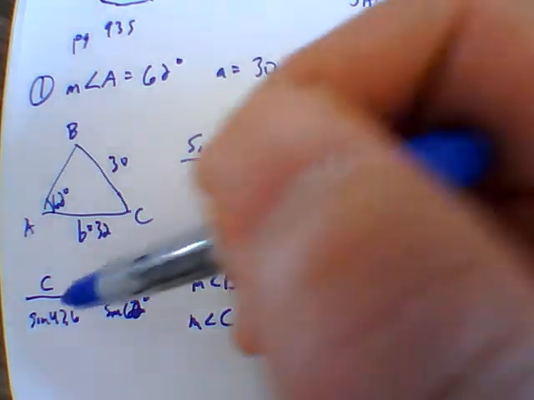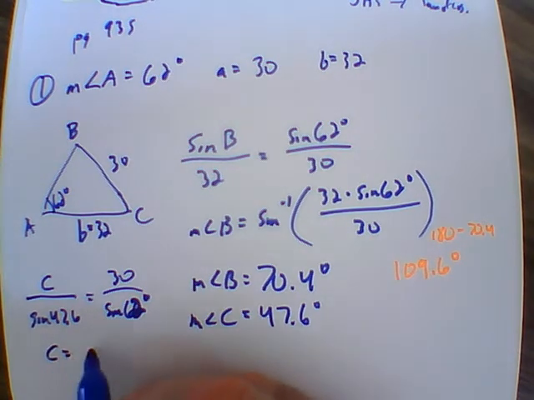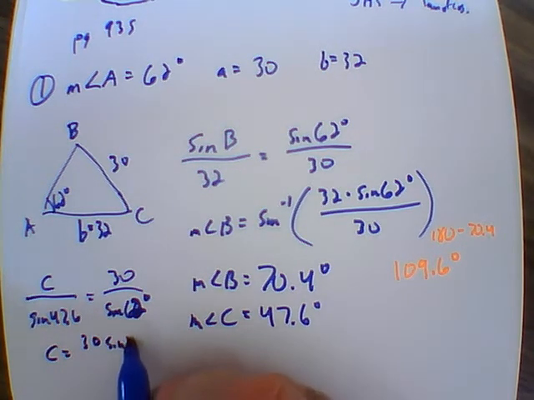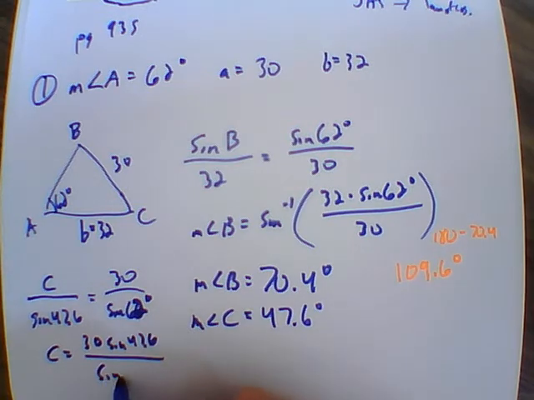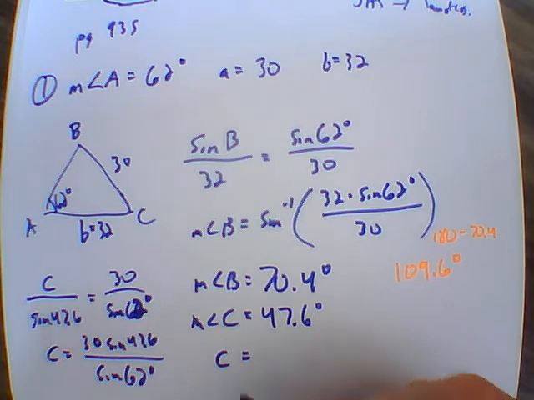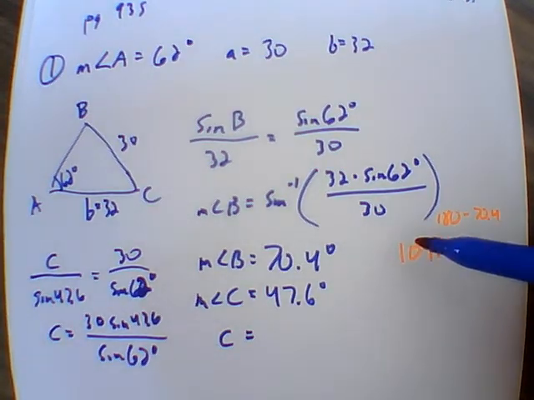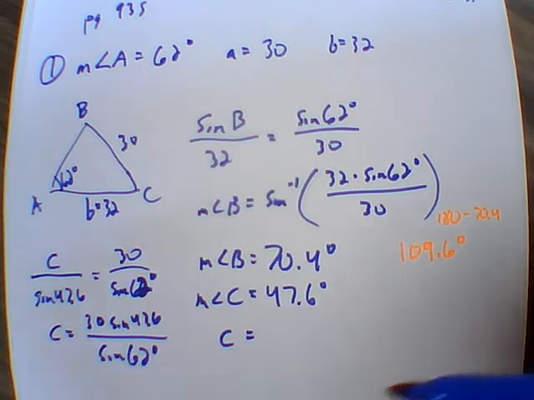Okay, so when I calculate this out, we would see that C would equal 30 times sine of 47.6 over sine of 62 degrees, which means C equals, once again, I'm organizing my one triangle here, and then I'll come and organize my second triangle over here.